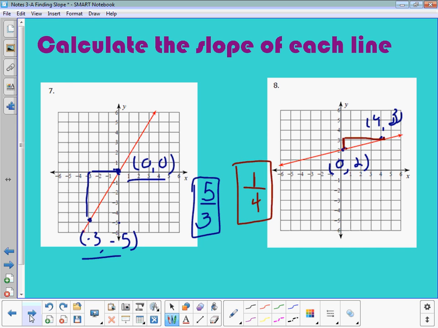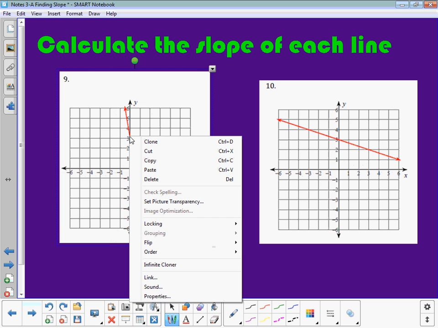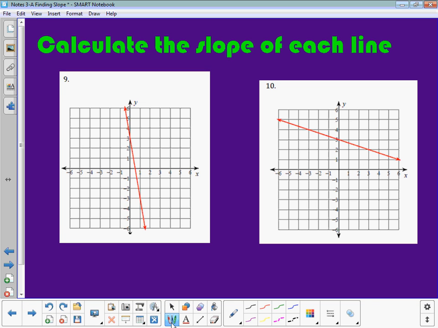Okay, next, let's take a look at number 9. Let's find those points. So here I have a point here, I have a point here, as well as a point here. So let's go ahead and calculate this out.